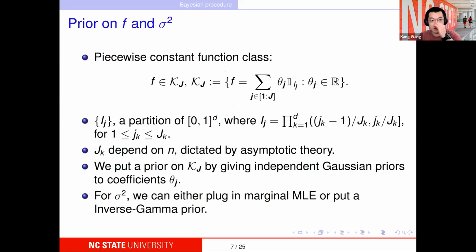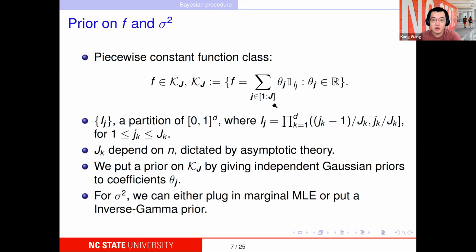In this model, we use a piecewise constant function to approximate the function class. F belongs to K_J, an unrestricted piecewise constant function class, and R_J is a partition.